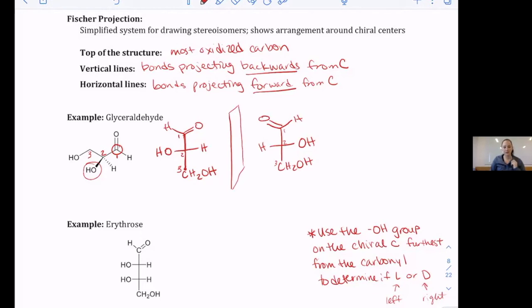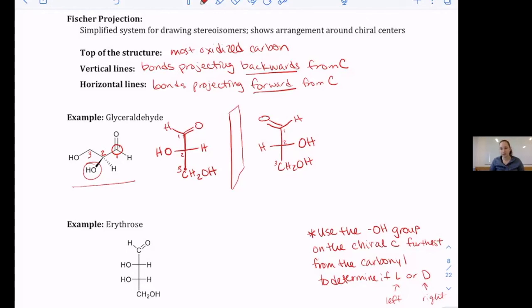Okay, so it's pretty difficult to take the structures we've been drawing, such as this one here, and put them into Fischer projections. For this course, we're primarily going to be using Fischer projections for our understanding of sugar.